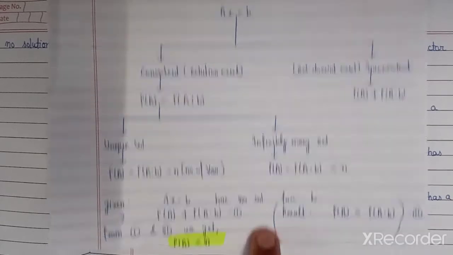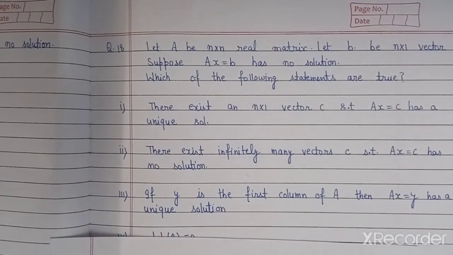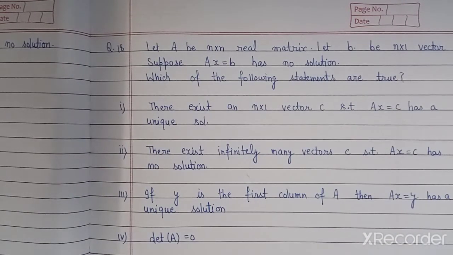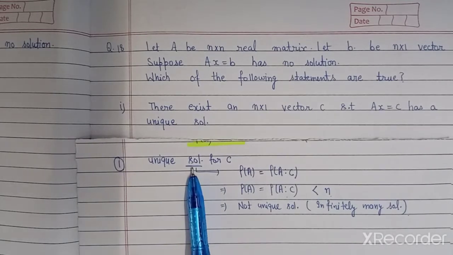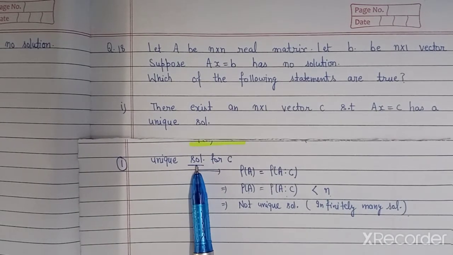Now we see option number first. Option number first: there exists an n cross 1 vector C such that Ax = C has a unique solution. First of all, what is the condition for existence of a solution?